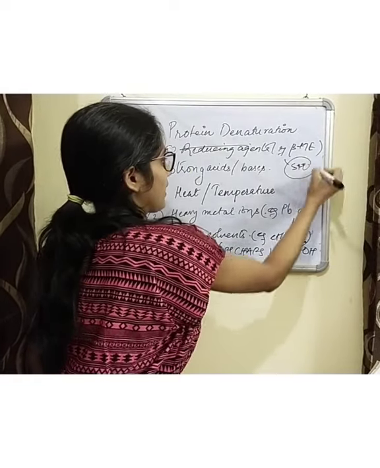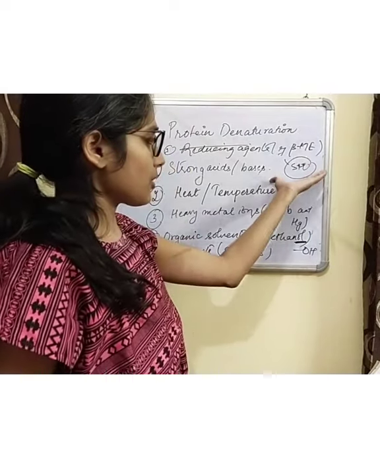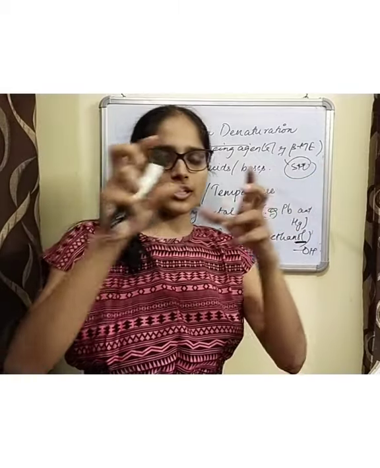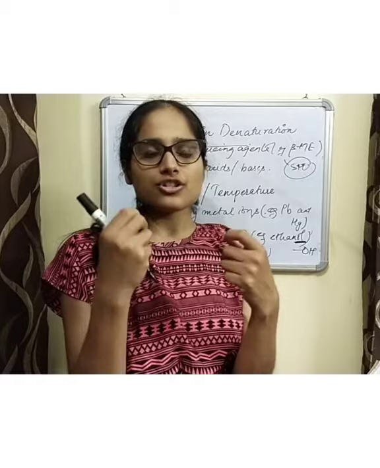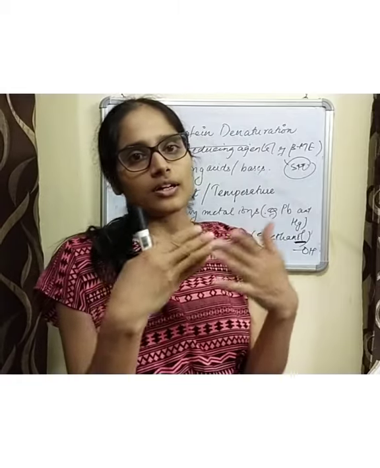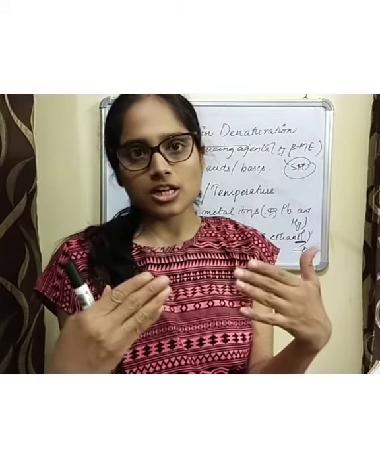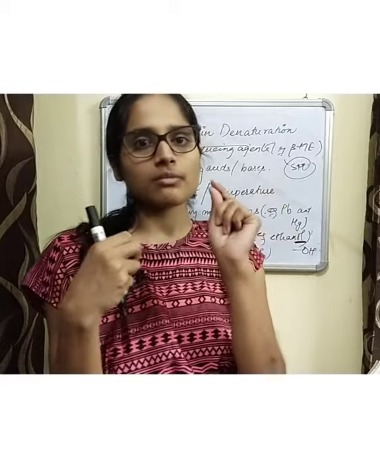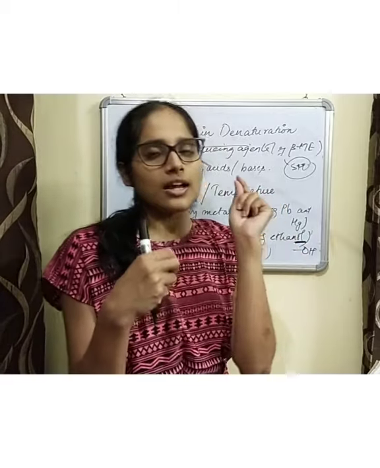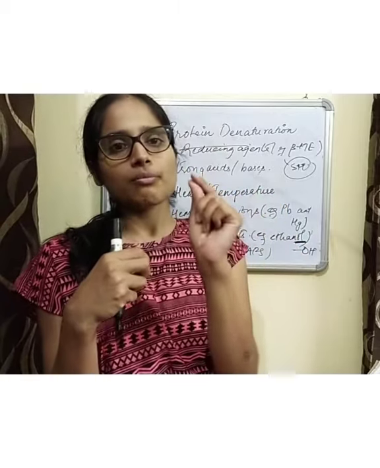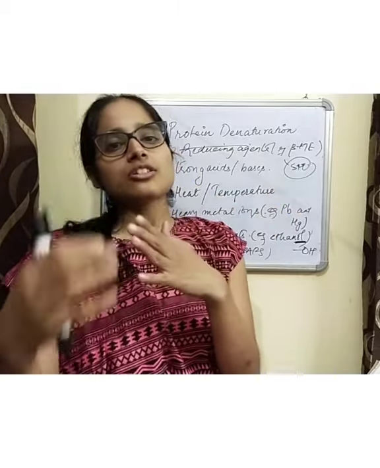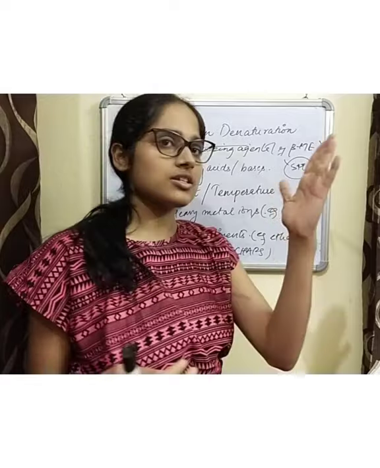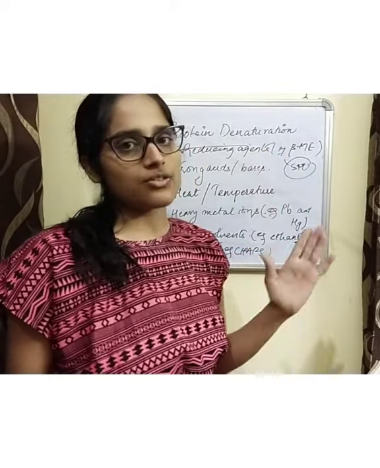Because of this, the disulfide bridges are broken, and they are essential in forming the tertiary structure. Disulfide bridges are one of the most important bonds involved in stabilizing the tertiary structure. So the tertiary structure is lost because of these reducing agents.